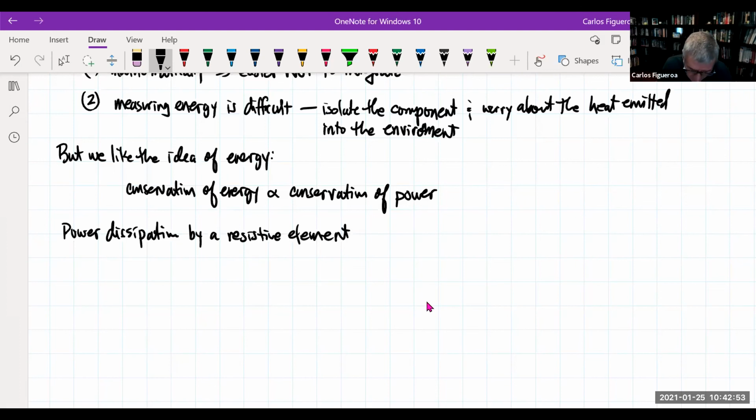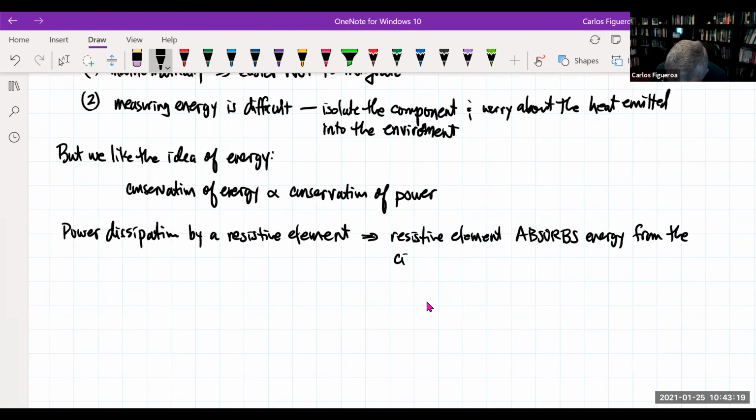So when I talk about power dissipation by a resistive element, what it does is it absorbs energy from the circuit, right? And what I mean by the circuit is that I really mean the power supply.